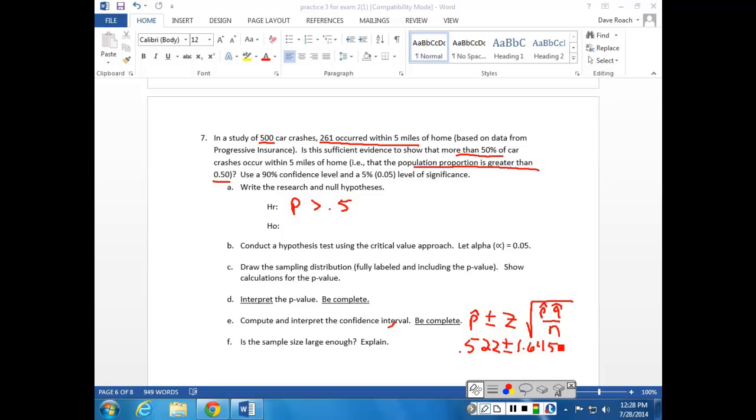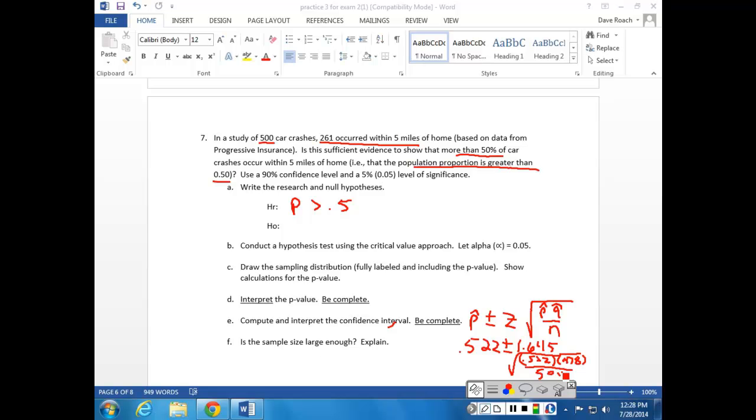And this is going to be 0.522 times 0.478 divided by 500. So we're using the sample proportion there. Remember, with the confidence interval, there doesn't have to be a hypothesis.